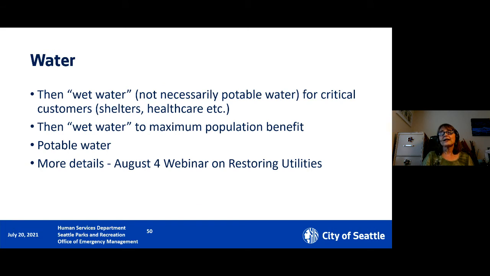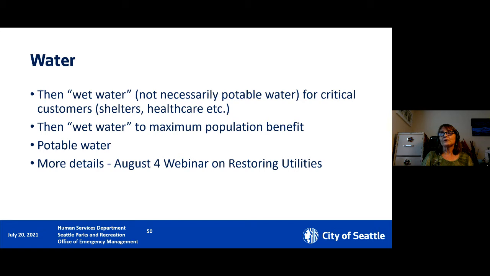Water is a separate, obviously critical area. So Matt already talked about in the May overview webinar that wet water, not necessarily potable water, will be targeted for critical customers such as shelters and healthcare.